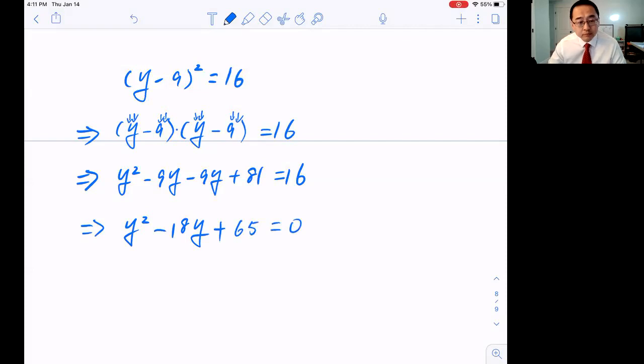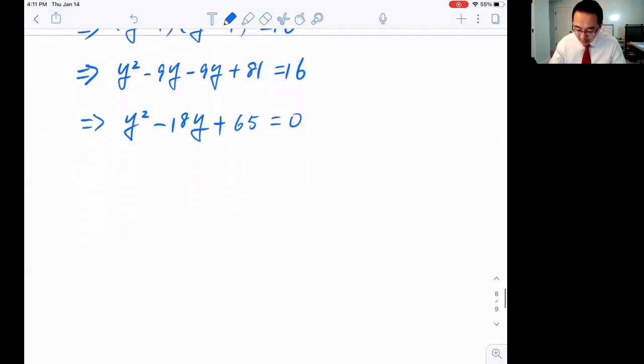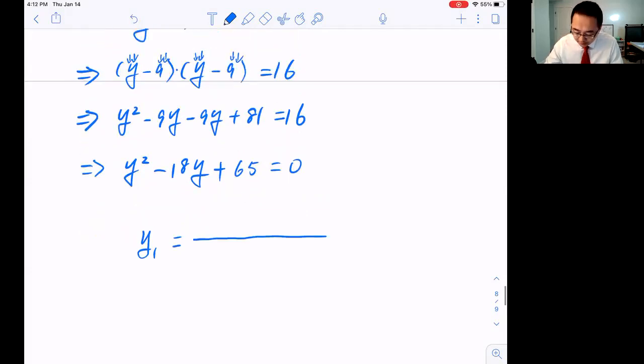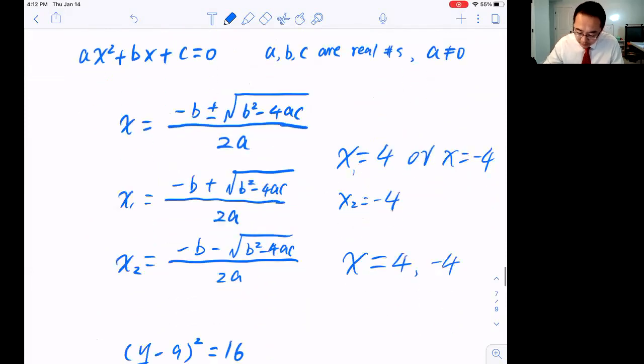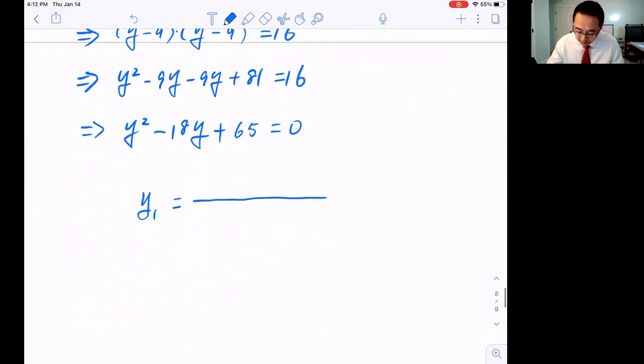All right, okay. So now you can use the quadratic equation. You say y1 equals, okay, negative b is negative 18, right? Remember, we had this here. B is this number in front of your y right here.